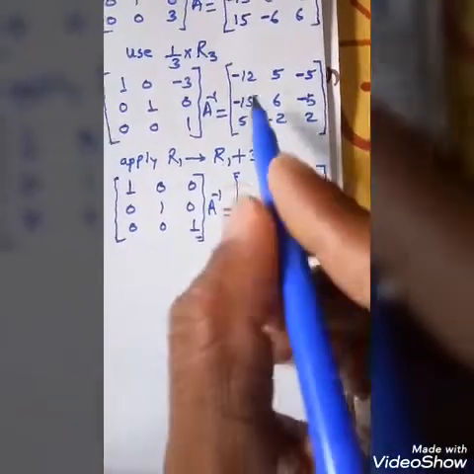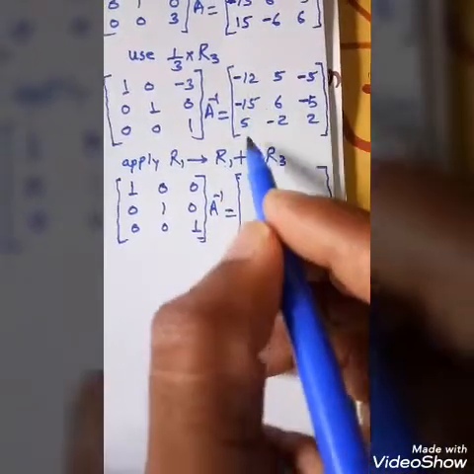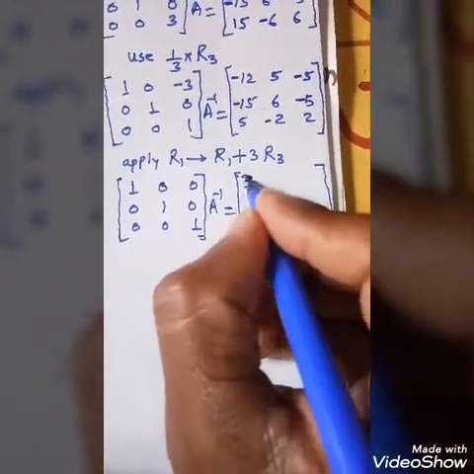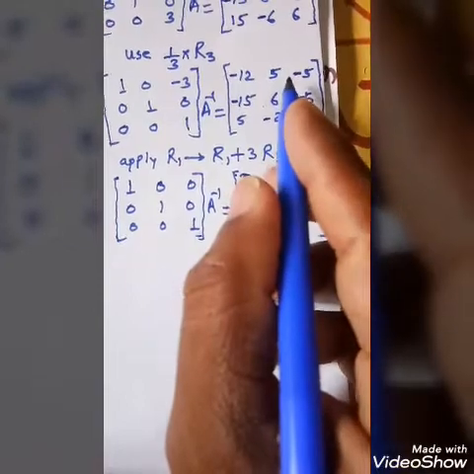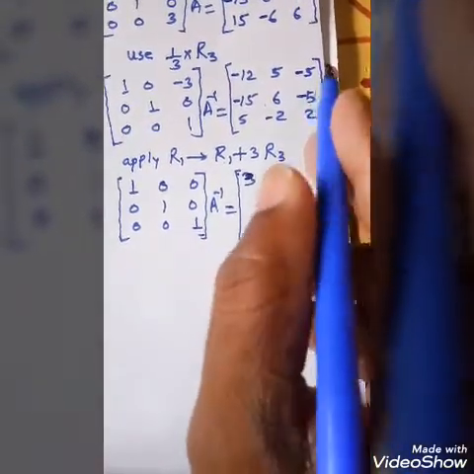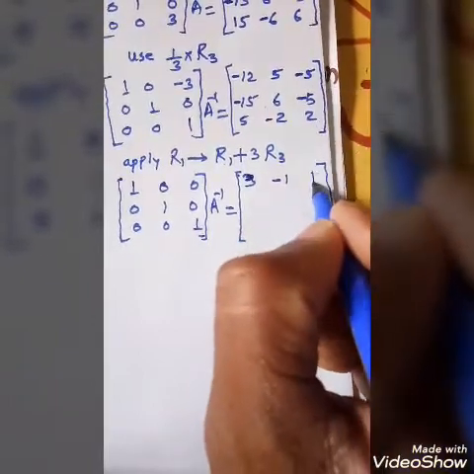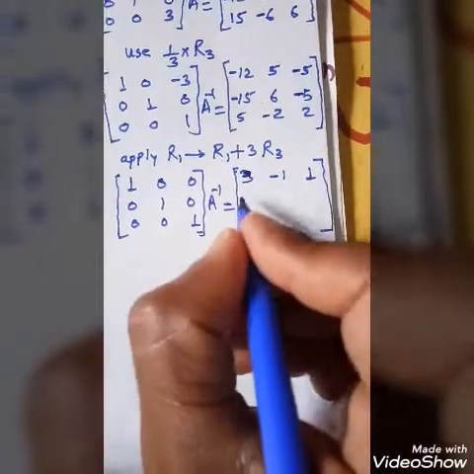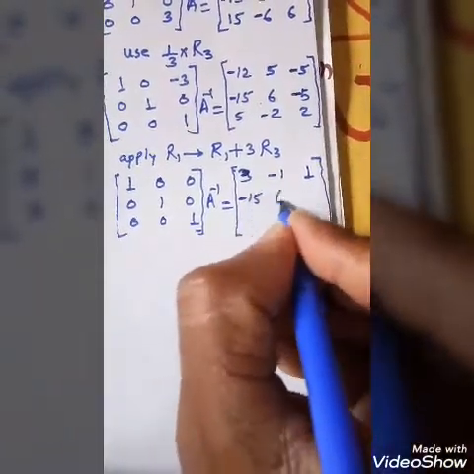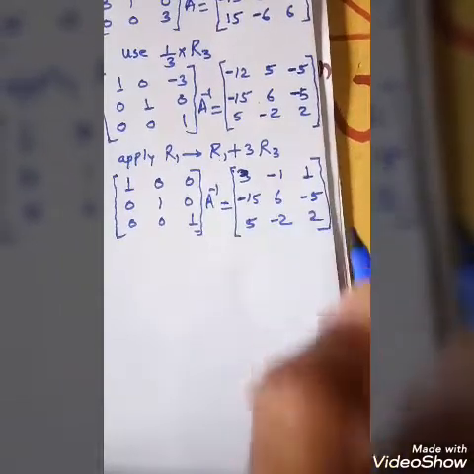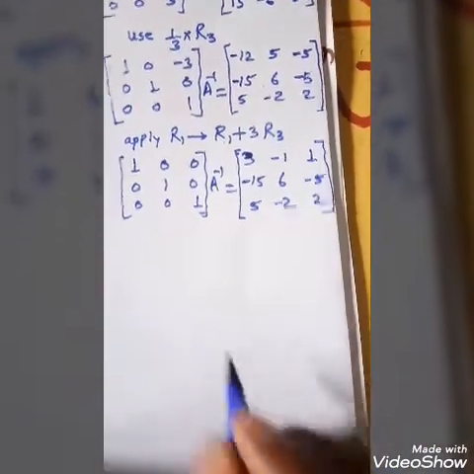R1 plus 3 R3: R1 is minus 12 plus 15, minus 12 plus 15 is equal to 3. 5 minus 6 is equal to minus 1, minus 5 plus 6 is equal to 1, and second and third row as it is: minus 15 6 minus 5, like this.